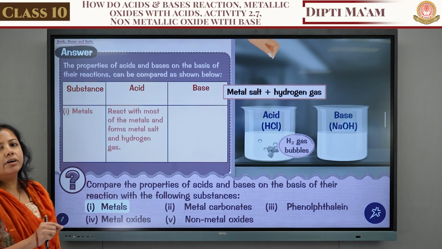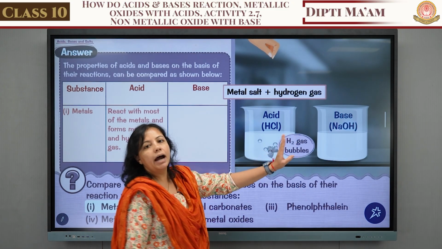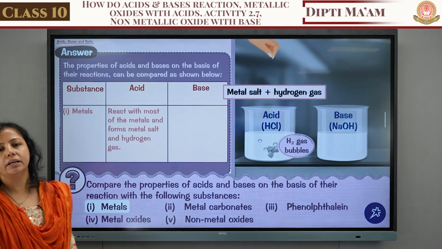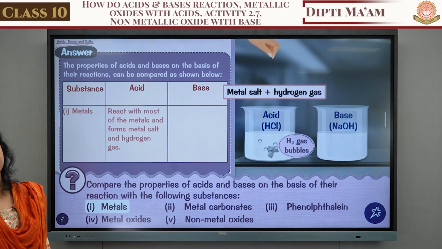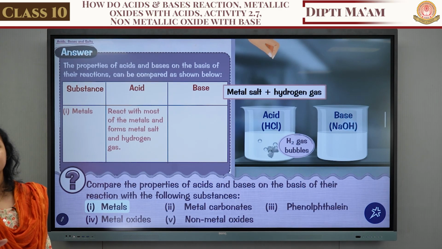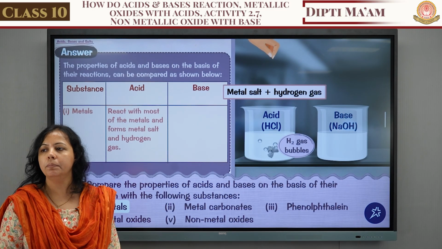Yes, the zinc granules react with the hydrochloric acid and form hydrogen gas. This is also your activity number 1.3 in chapter number 1. The reaction between zinc granules and acid. What is the observation? Hydrogen gas is formed. Have you identified that hydrogen gas is formed?